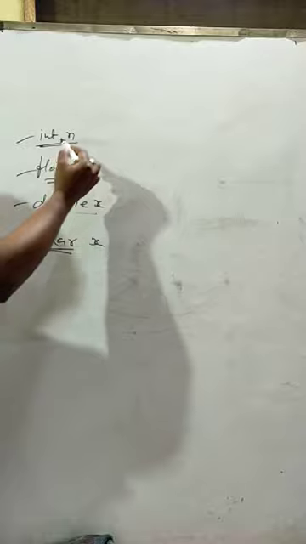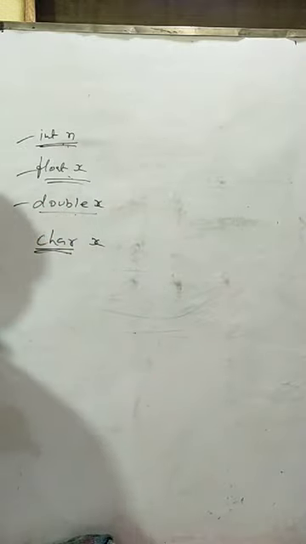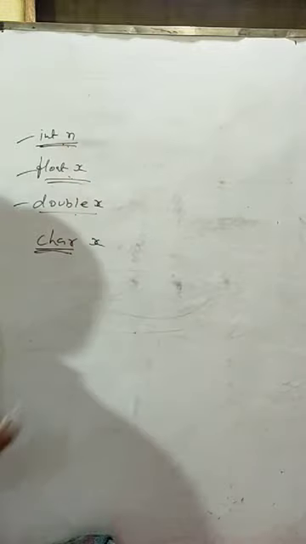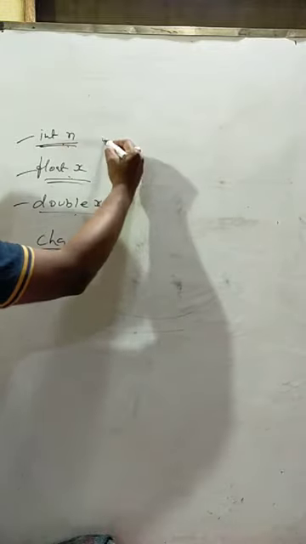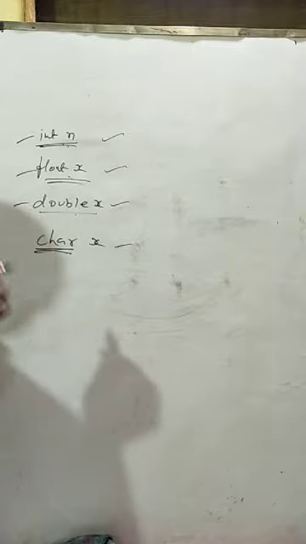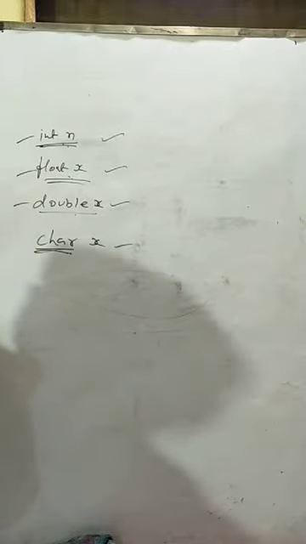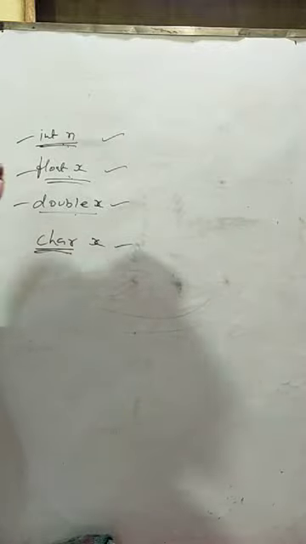All this data can be entered using different methods. The methods used to input integer, float, double, char or string are called scanner methods. These methods are all stored in a class, and that class is called the scanner class.